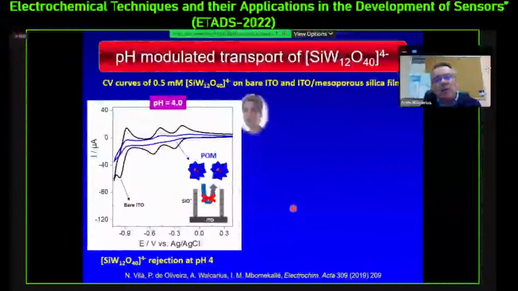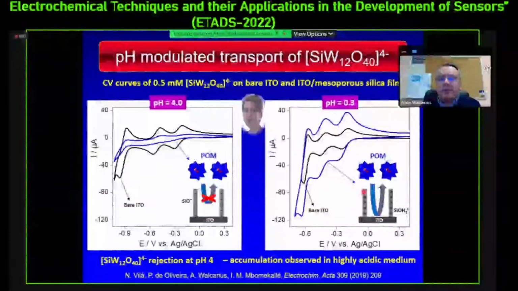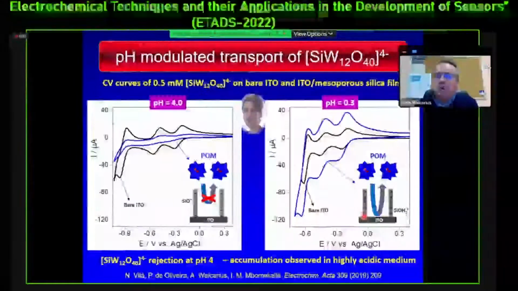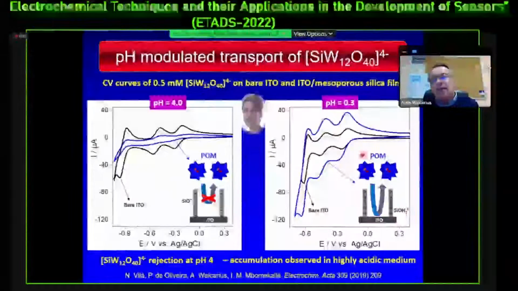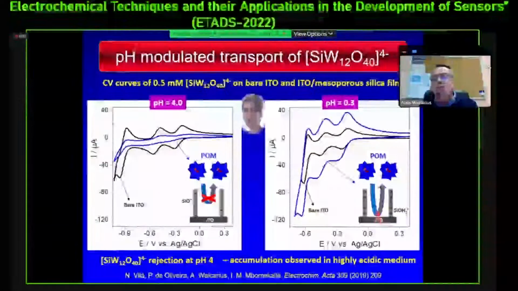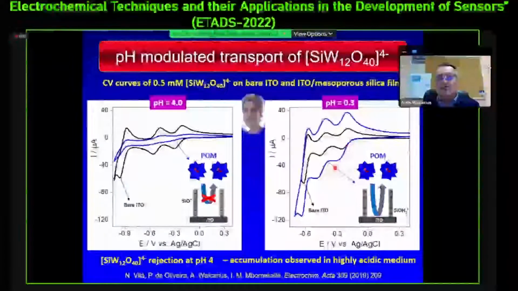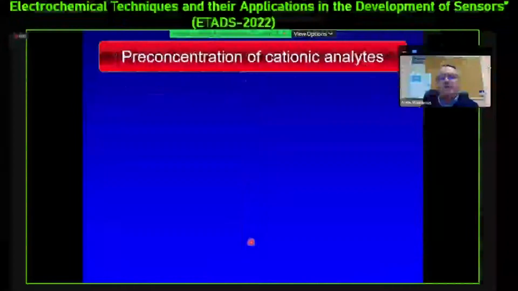But now, if you work in very acidic medium at pH 0.3, the silica surface becomes positively charged because of the protonation of the silanol groups. And in that case, even this bulky anion is likely to diffuse through and even to accumulate inside these pores, and the signal is much larger than on the bare electrode.